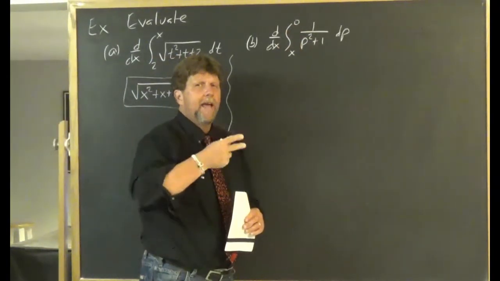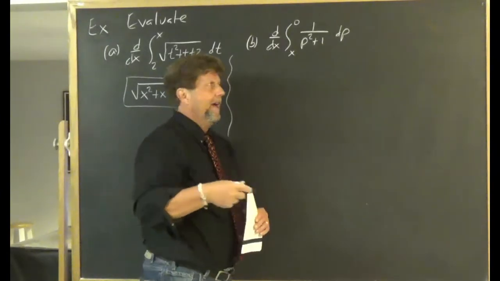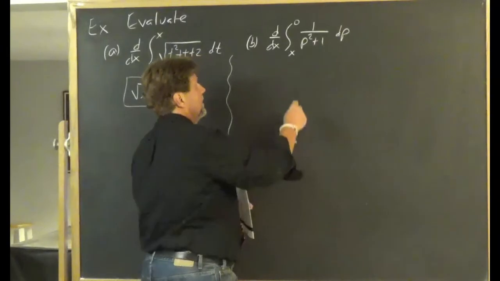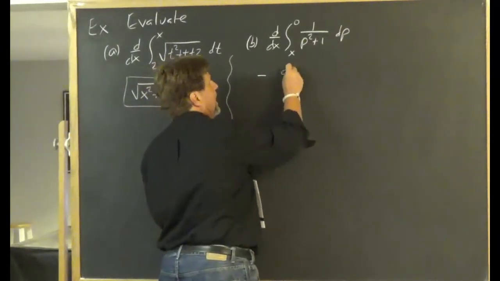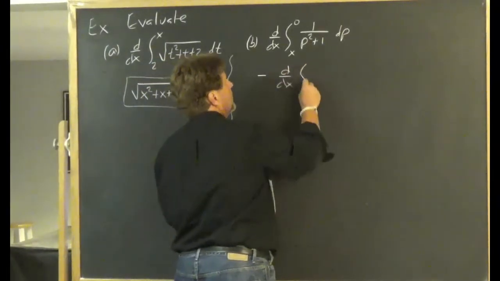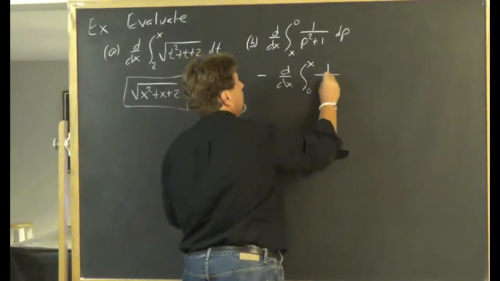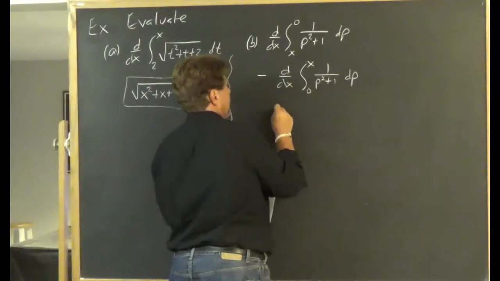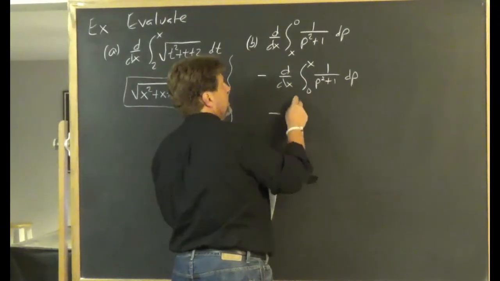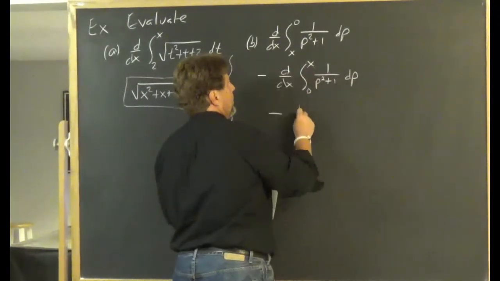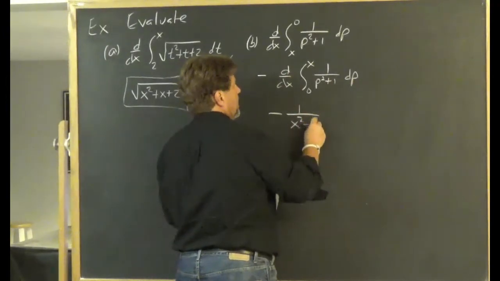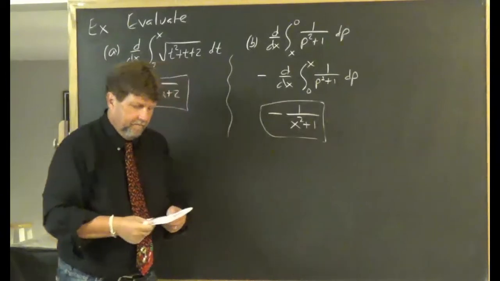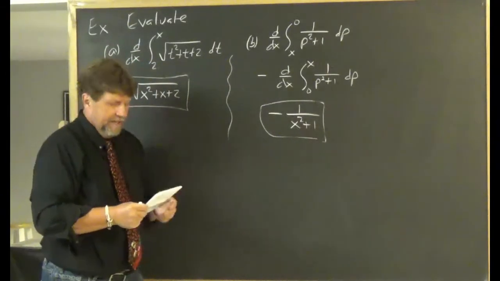I have to rewrite that as the integral from 0 to x, and when I do that, a negative sign goes out front. Now we are almost done. The second fundamental theorem of calculus says that this is nothing more than negative 1 over x squared plus 1. So part B, we had just one extra step.